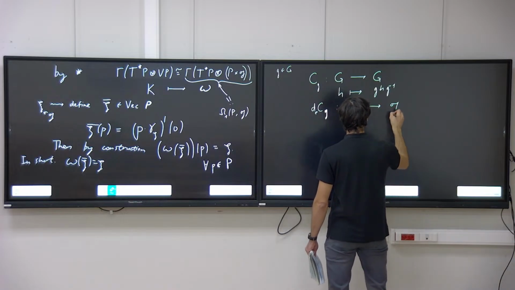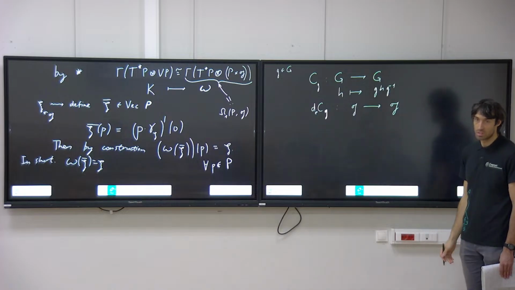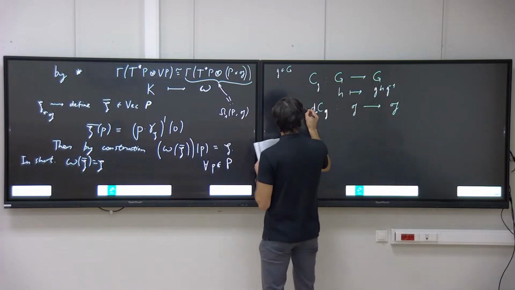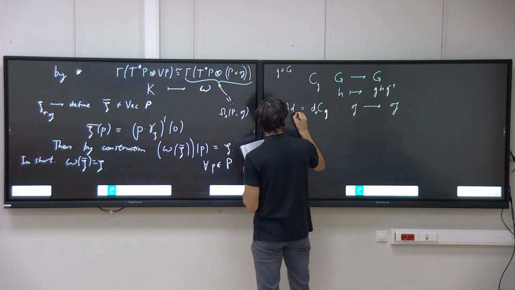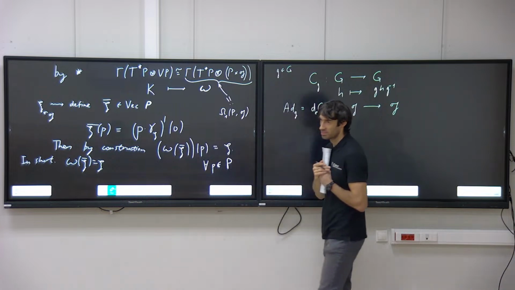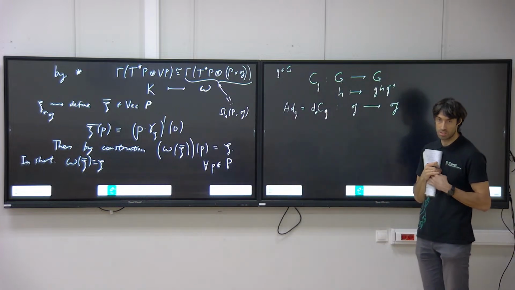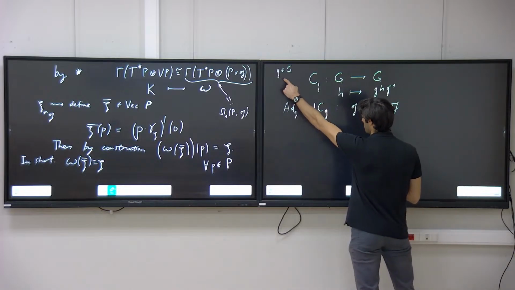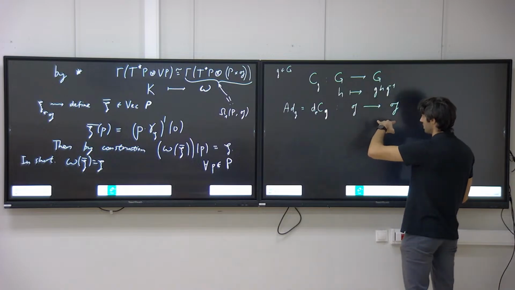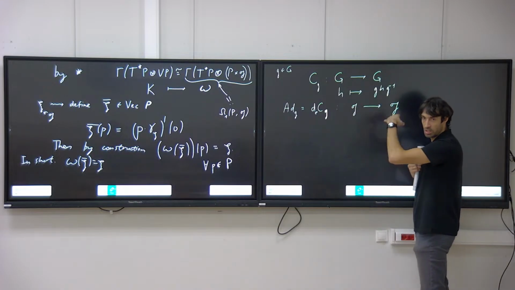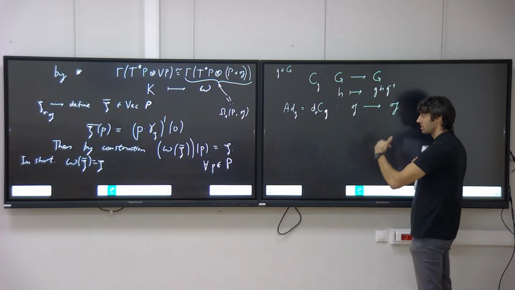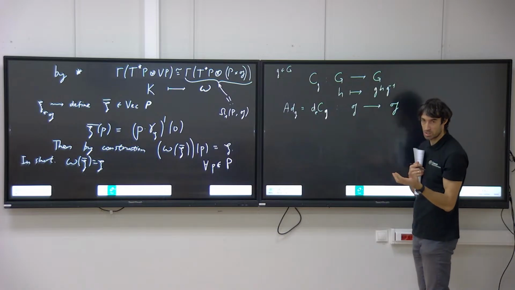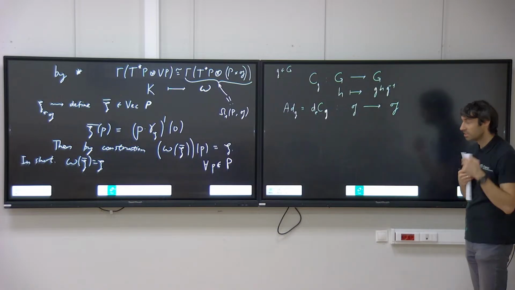Let me call this map Ad_G. Ad stands for adjoint. So for each element G, I have a linear transformation of the Lie algebra. So the Lie group acts on its Lie algebra, and we have a representation which is called the adjoint representation of a group on the Lie algebra.